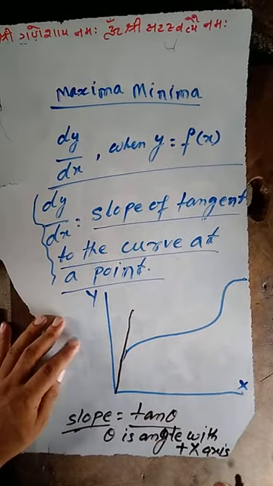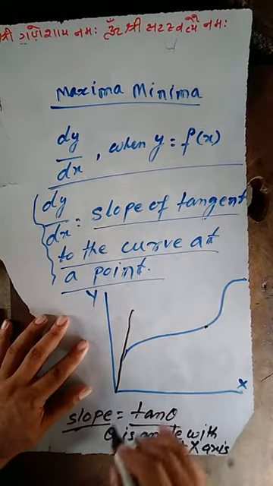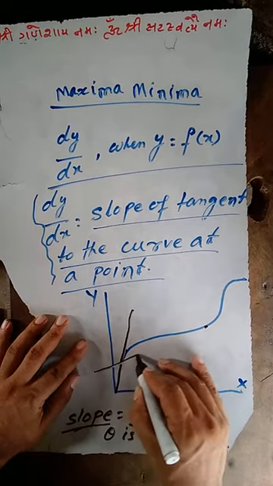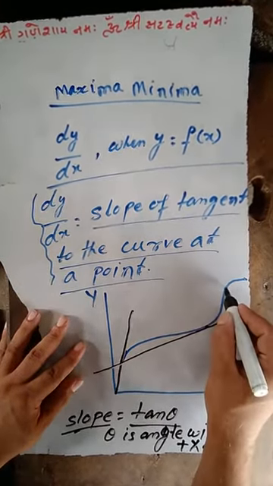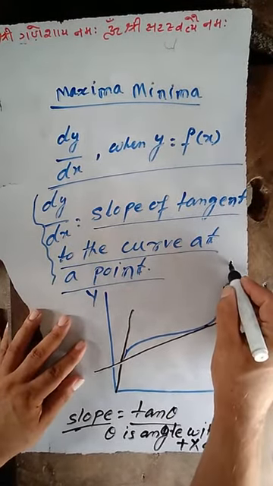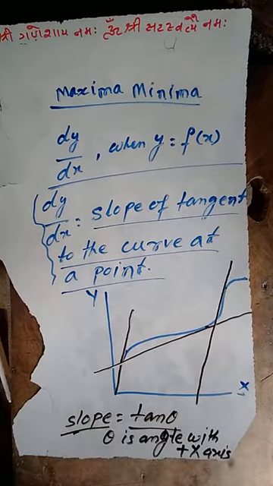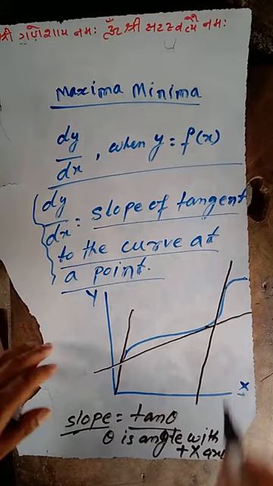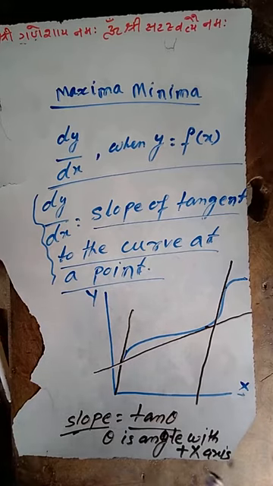If we are asked to draw a tangent at this point, the tangent will be like this. So what is the tangent? The tangent is the line which touches the curve at a single point. We have already studied tangent and slope.